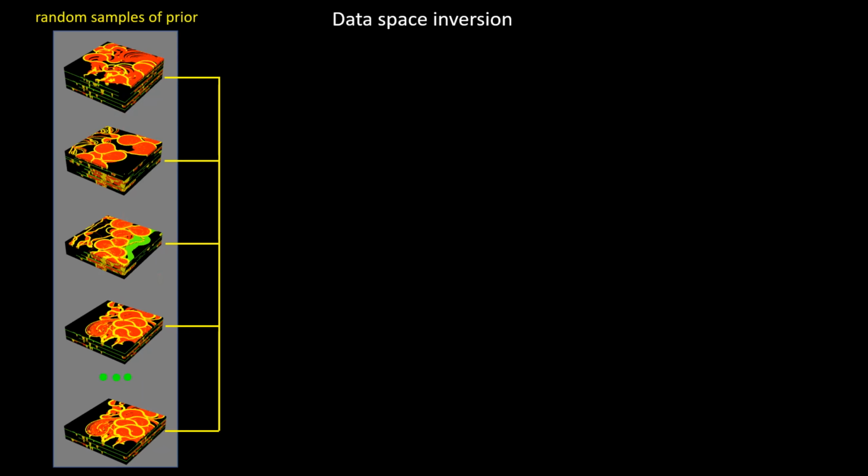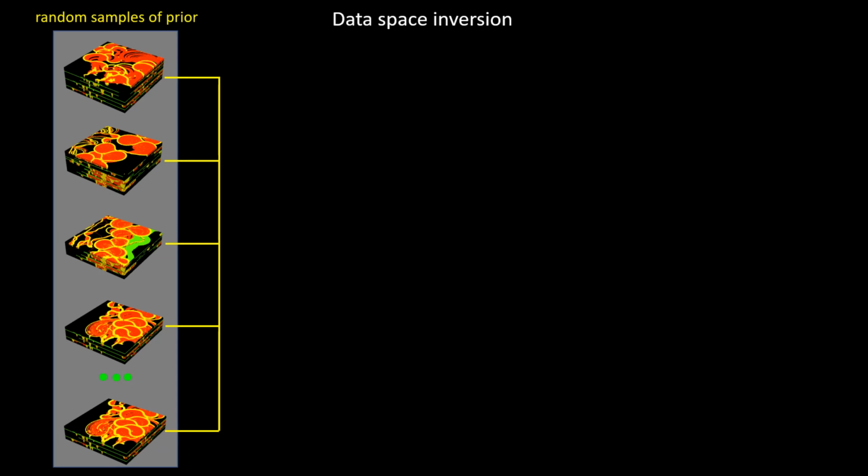There may be a structure here which may or may not exist. There may be an alluvial channel here which may be here or there or nowhere at all. The parameters, the expressions of what may be under the ground, do not have to be adjustable when we're using data space inversion. And that is tremendously liberating.